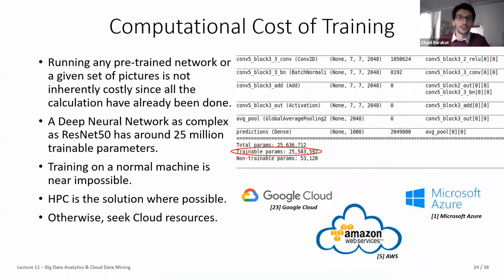And from there, we talk about computational cost. Because when we added our own prediction layer to the original ResNet 50, the trainable parameters were 25 million. And I don't think anyone easily has access to the kind of resources required to train 25 million parameters.